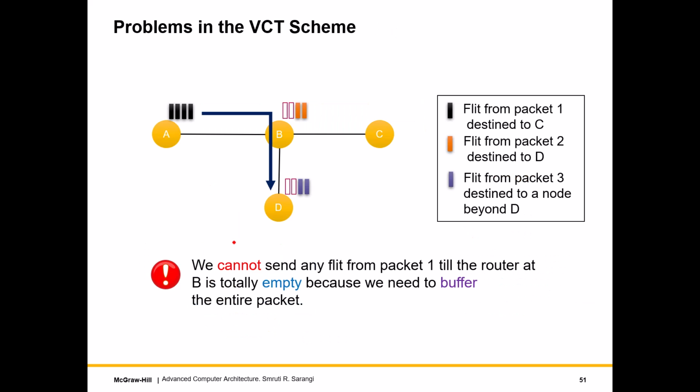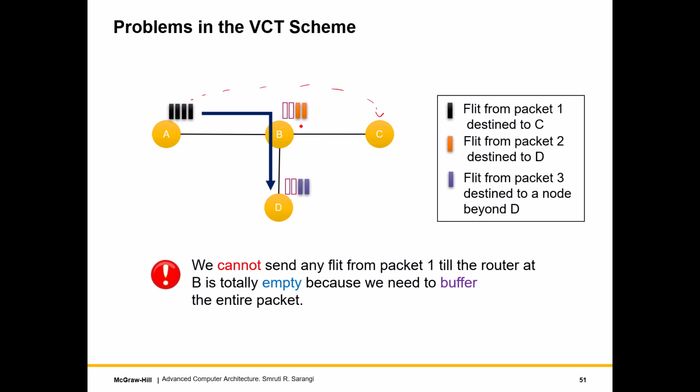So what are the problems in the VCT scheme? Well, what is good we already know, which is that pipelining of flits in a packet across routers is possible, as we just saw. But again, what are the problems? Let us consider 4 routers A, B, C and D. The black ones are flits from packet 1 which are destined to C. So they are supposed to go here.